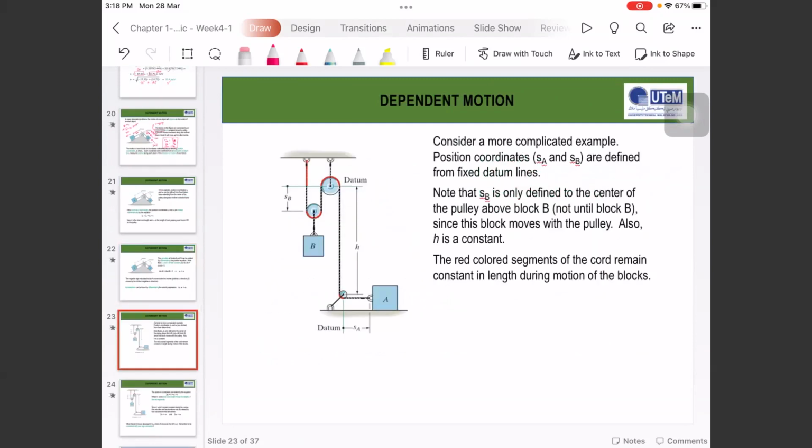Okay, cuba tengok contoh yang susah sikit. Consider a more complicated example. So you have position coordinates SA and SB defined from a fixed datum line.